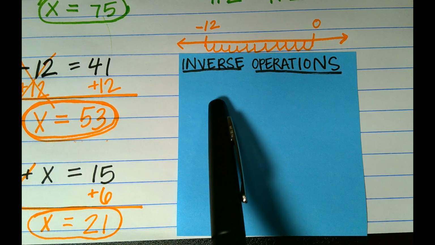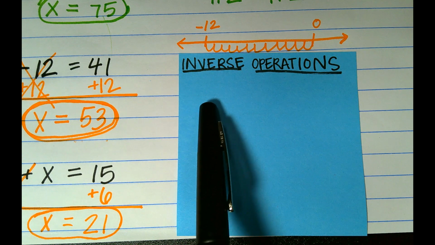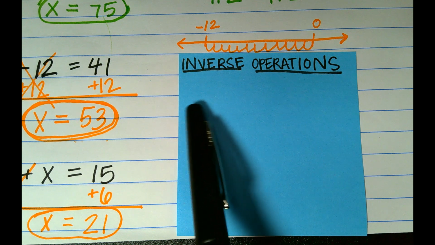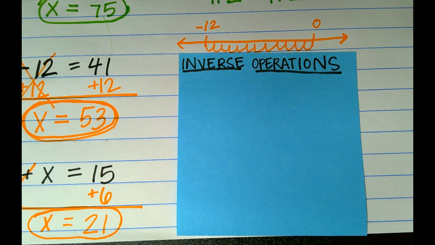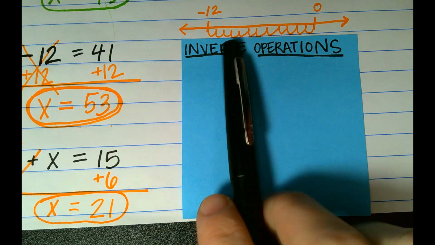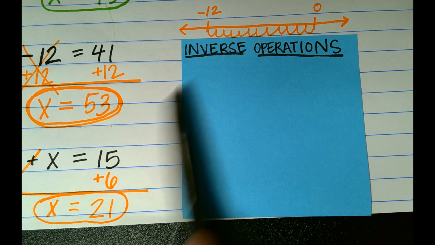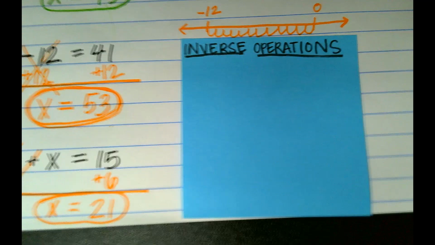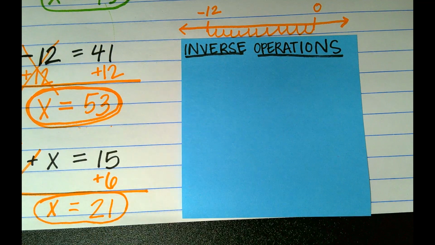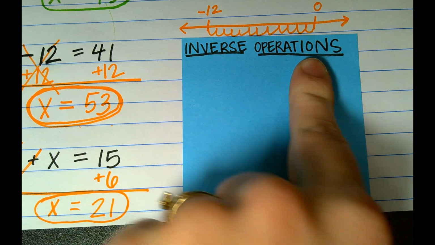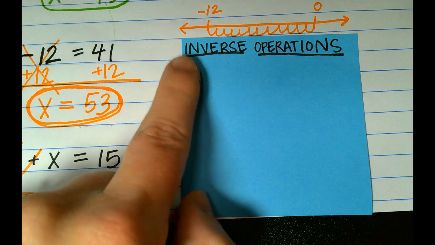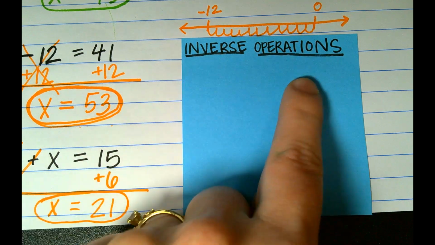Now, inverse. Is that a word that any of you have heard before or know what it might mean? Might be something that is brand new. So inverse means opposite. So there's operations, and then there's inverse or opposite operations.